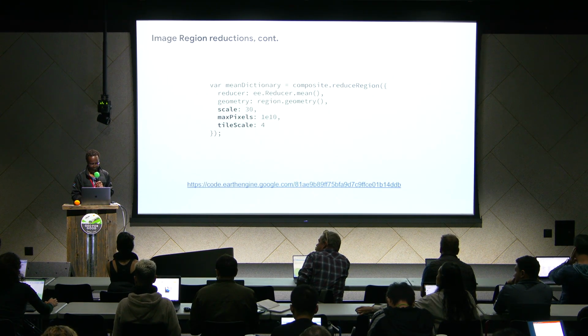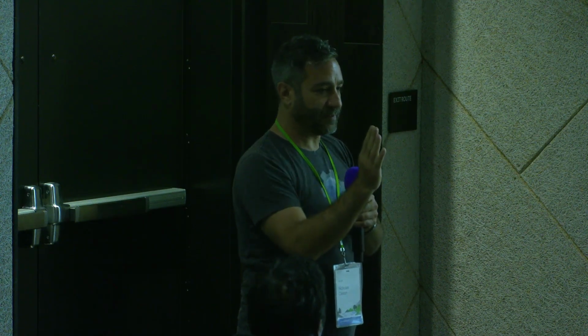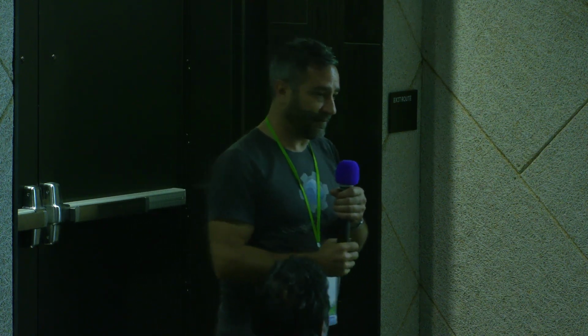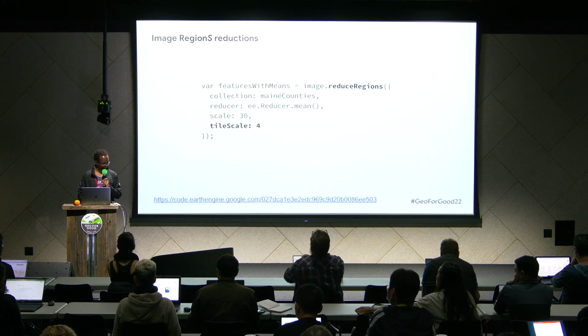If that doesn't fit into memory on a single machine, you'll get a user memory limit exceeded. You can chop those 256 by 256 tiles into pieces. So tile scale 2 gives you 4 pieces, tile scale 4 gives you 16 pieces, and so forth. You can keep doing that until the tile is small enough to fit into memory of a single machine, which will allow your computation to succeed. That's fine.